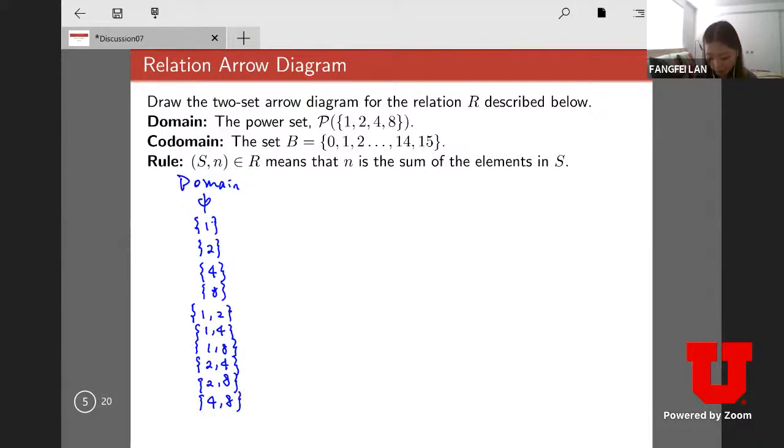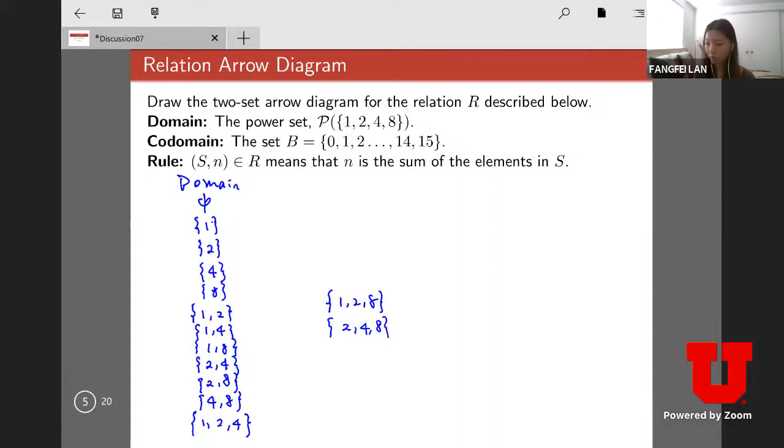Three element ones. {1, 2, 4}. What do I do now? This is not good. Okay. {1, 2, 4}, {1, 2, 8}, {2, 4, 8}.